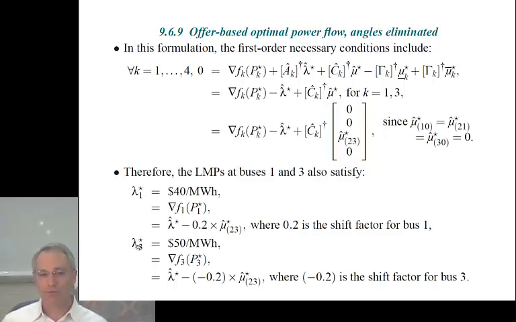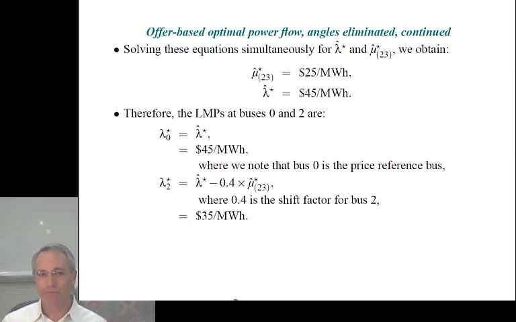Similarly, for bus 3, we've got $50 a megawatt hour is equal to lambda hat star minus 0.2 times mu hat star 2, 3. Again, in this case, minus 0.2 is the shift factor for injection at bus 3. We've got two equations in two unknowns, namely lambda hat star and mu hat star 2, 3. So that enables us to solve for those unknowns.